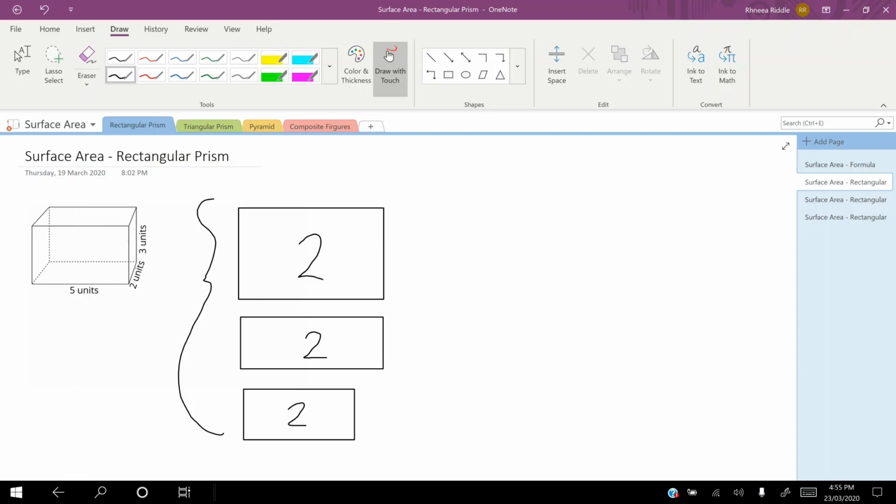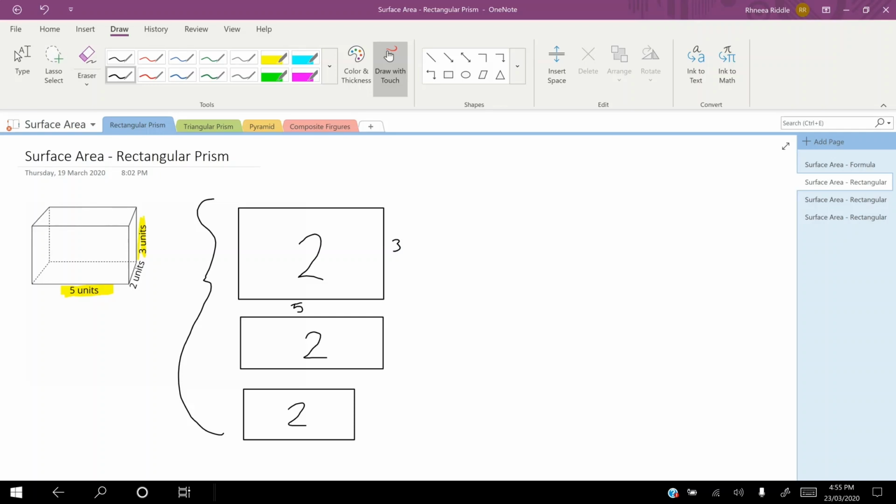So as I mentioned previously, this first box, this large one, is the front and back faces. And if we notice, the front and back faces has a base of 5 and a height of 3. So we're going to go over here and write 5 and 3 on the sides to tell us how long those are.